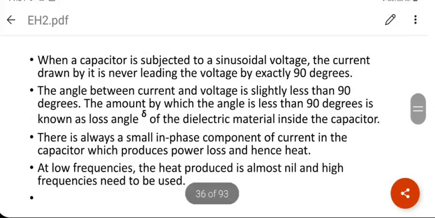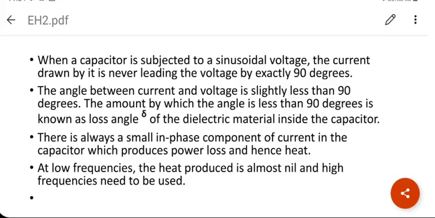Here's some basic theory. When a capacitor is subjected to a sinusoidal voltage, the current drawn by it is never leading the voltage by exactly 90 degrees. A perfect capacitor, as we have seen in the past, has a 90-degree phase shift between current and voltage. But for real life capacitors, there is always some loss. So they are not perfect. So the phase shift is less than 90 degrees.